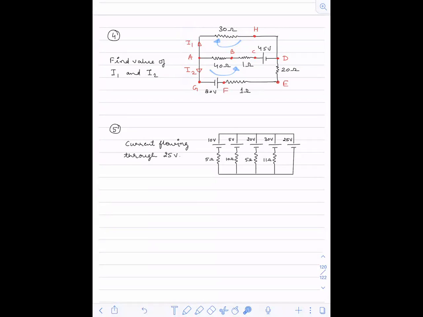If you want to change the direction, it is up to you. The only thing is I need the values of I1 and I2. And this is the 5th question.